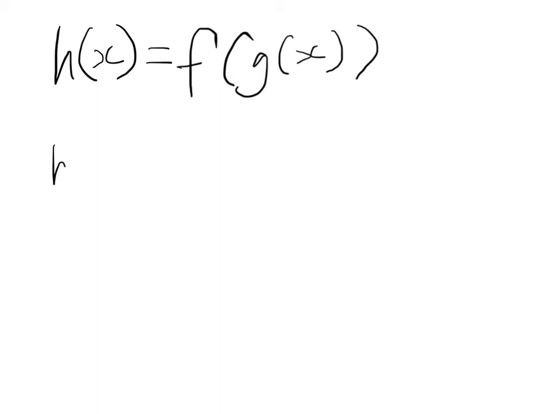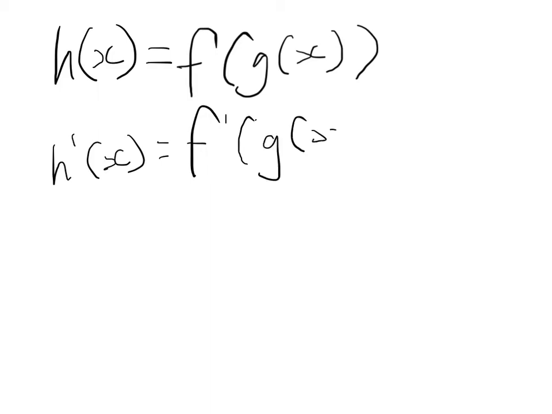So that means that h dash of x equals f dash of g of x times g dash of x. Now that doesn't look particularly sensible yet, but it's going to. You'll get this one. It's actually not that difficult once we go through it a couple of times.